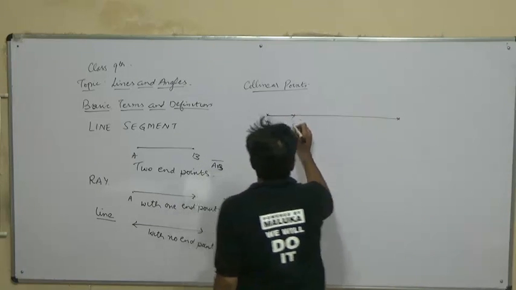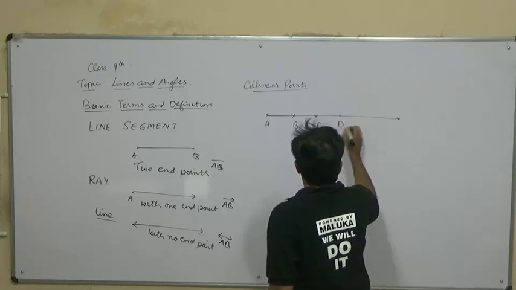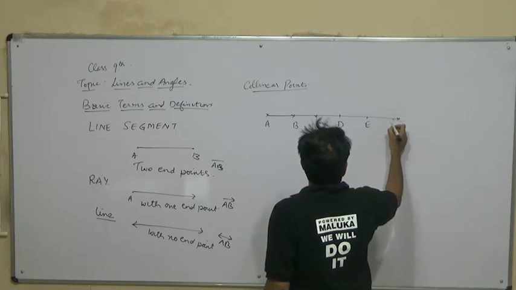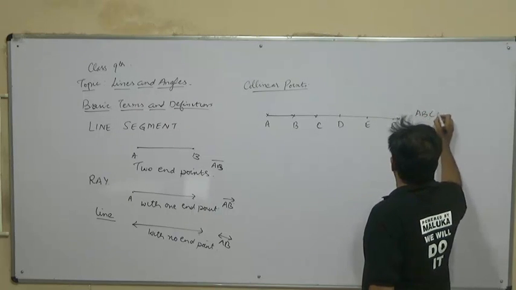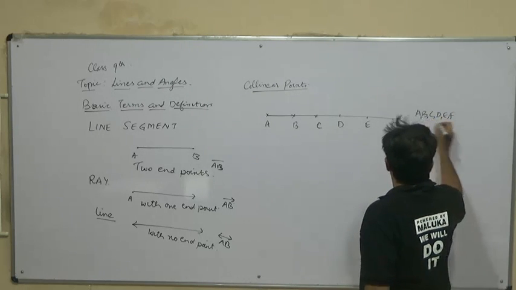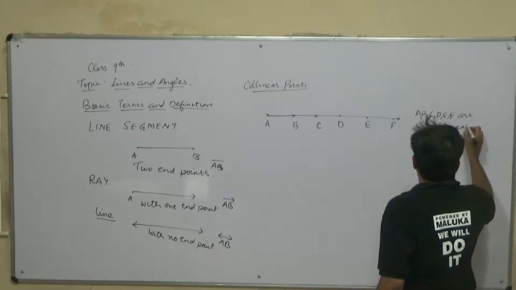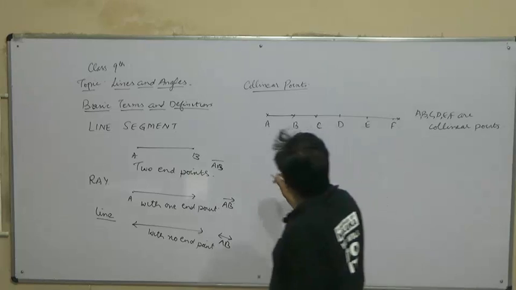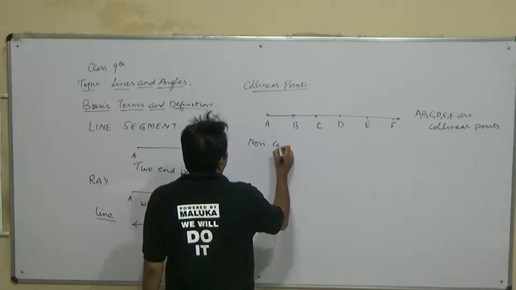For example A, this is B, this is C, D, E and F. So we can say that A, B, C, D, E, F are collinear points. Then non-collinear points.